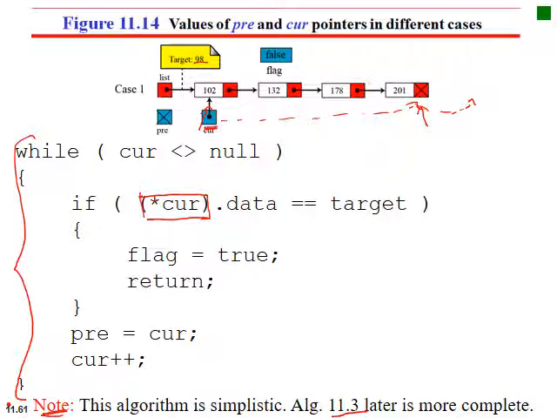What does the current pointer point to? It points to this one at the moment. Technically, it points to the beginning address, but basically it points to this node. Okay. So if it points to that node, dot data means we are talking about the data part. That's how to refer to the data part.